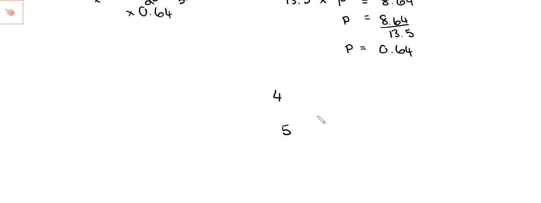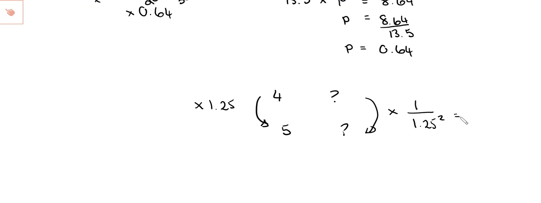So let's do 4 and 5 again. If that is multiply by 1.25, even without knowing the numbers, it's going to be multiplied by 1 over 1.25 squared, which we know is 0.64, which is a 36% decrease.